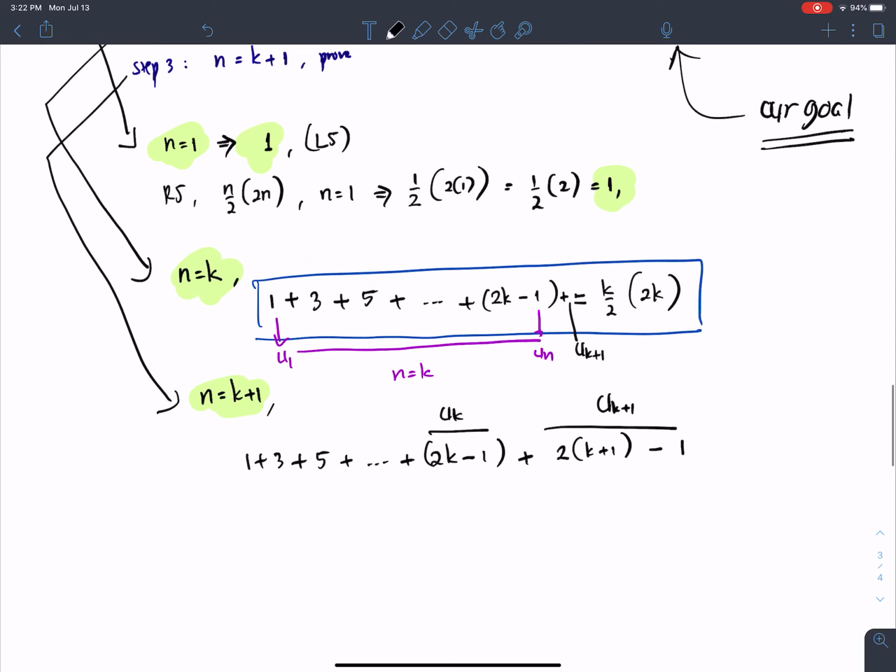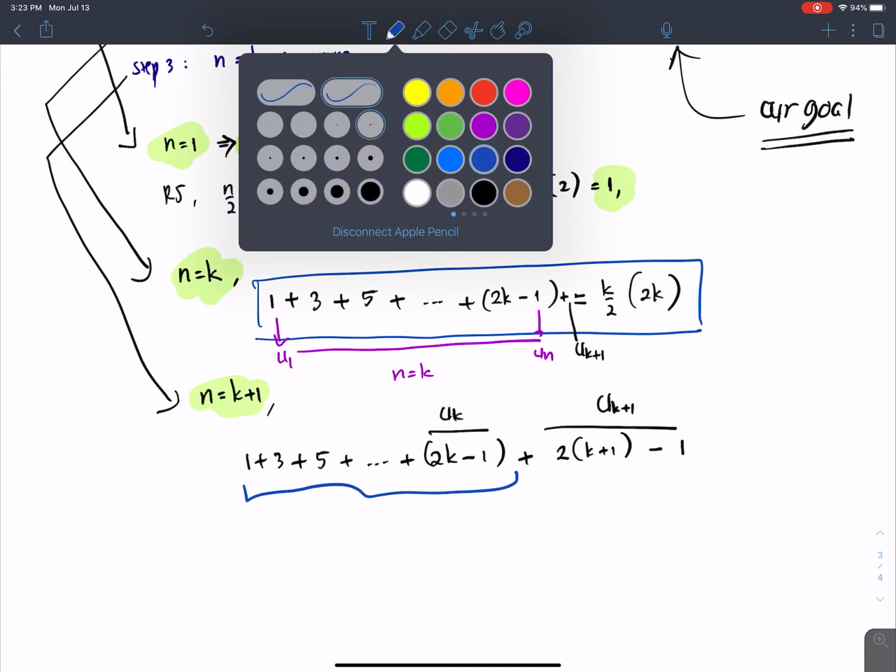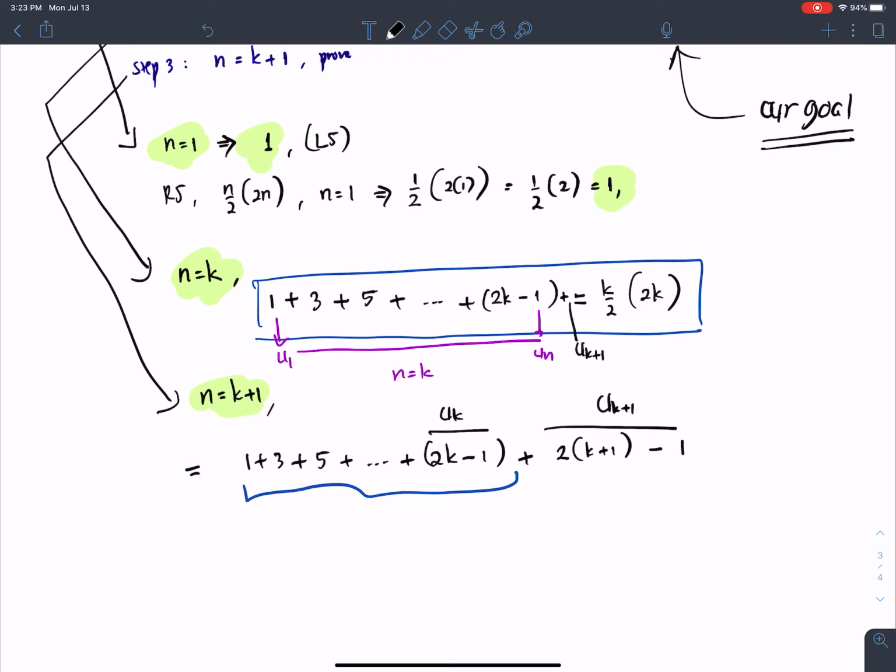Based on step 2, we already said that this up to uk here is true, according to our assumption, equal to the other side here.